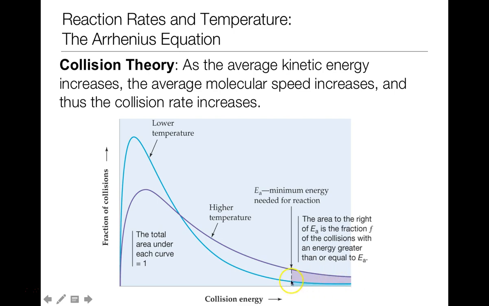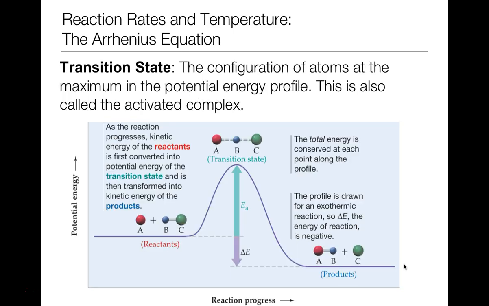The purple area, which goes all the way down to the axis, is much bigger than the blue area under the curve that goes down to the axis. So statistically, there are many more particles that have at least the activation energy or more at a higher temperature than at the lower temperature.